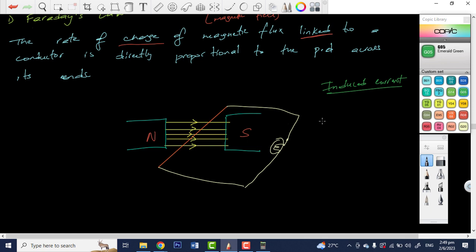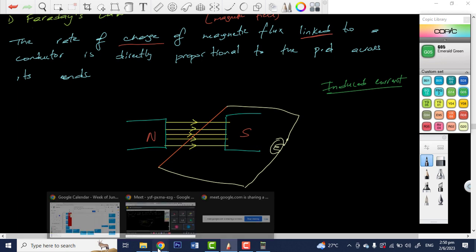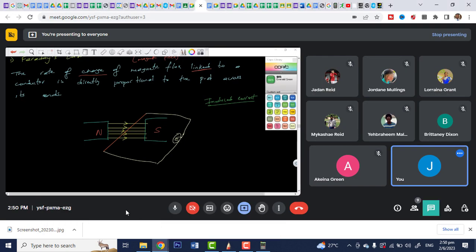So what do we call that? If we're producing something, what are we doing? If we're producing current, what are we doing? Generating it, right? So we use a generator. Oh, okay, so we see it now, I see.